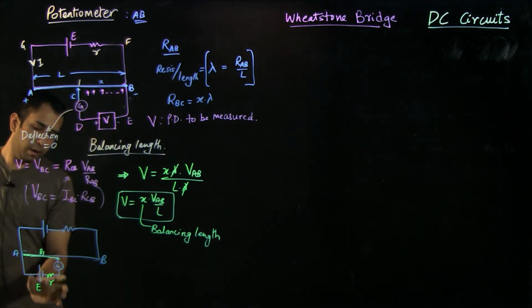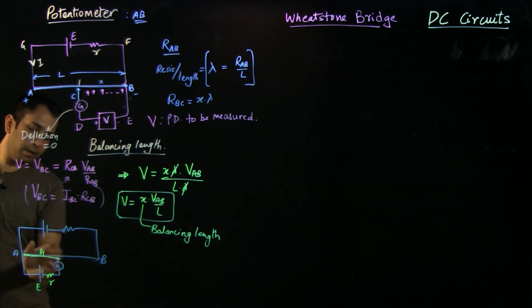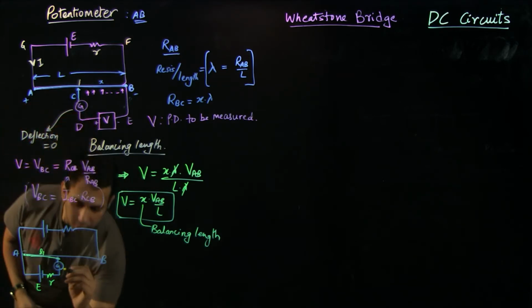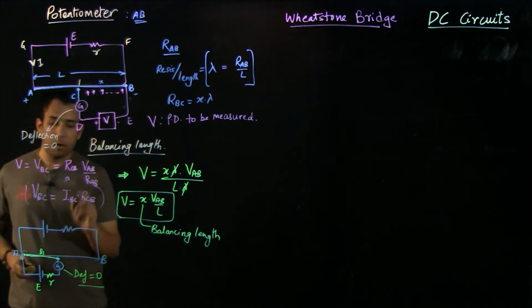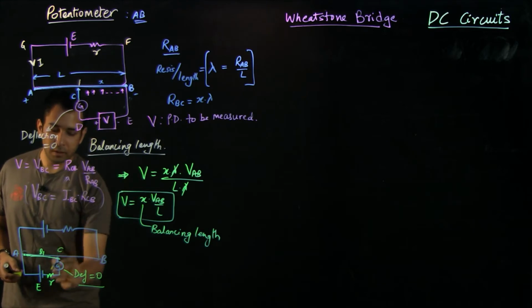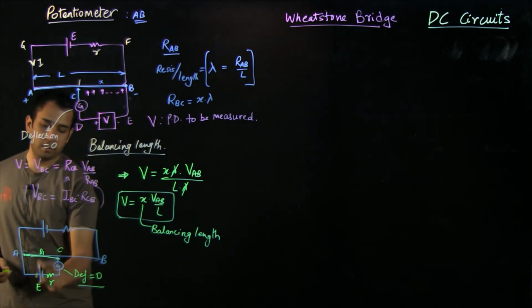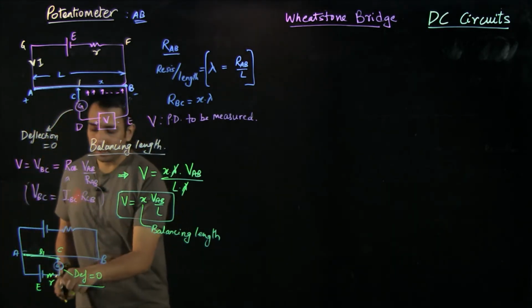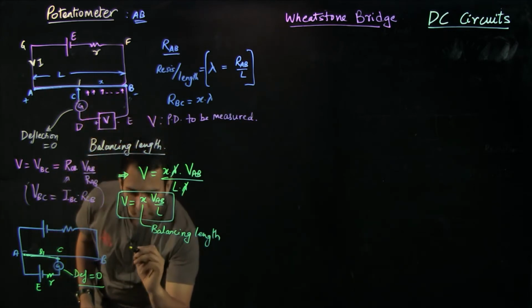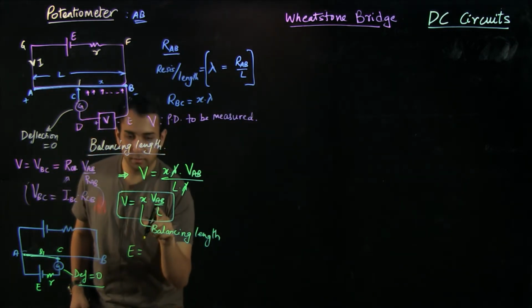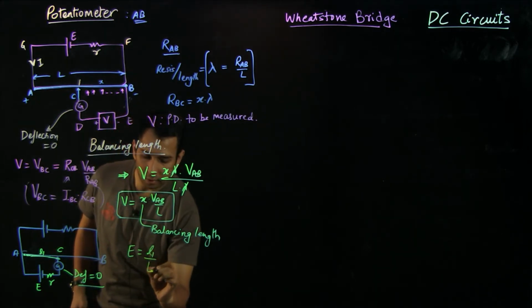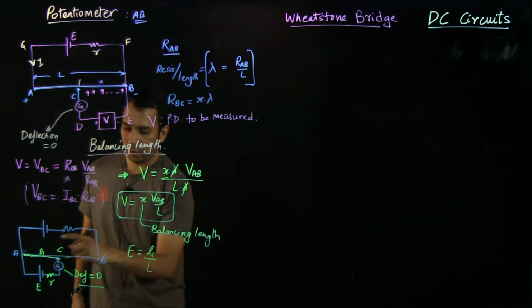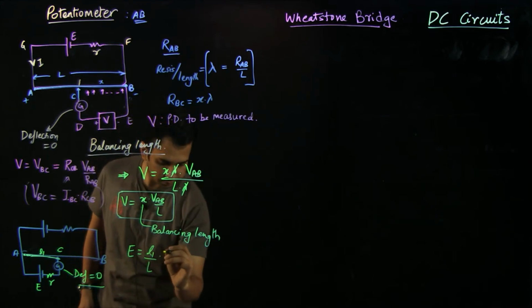Now the balancing length comes out to be L1, and we know that at this balancing length, the deflection of the galvanometer will be 0. It means that there is no current flowing through r. So the net potential difference which we are measuring right now is E. So E is L1 by L, where L is the total length of AB, times VAB.